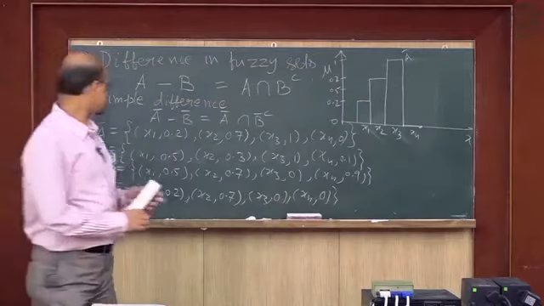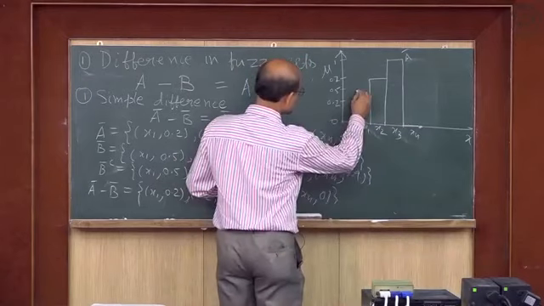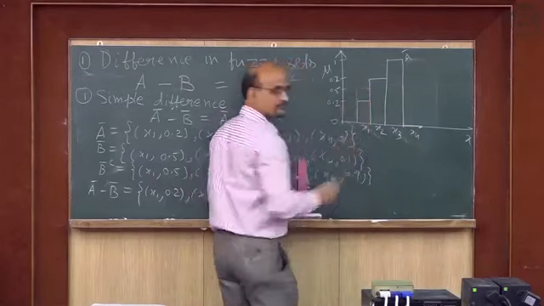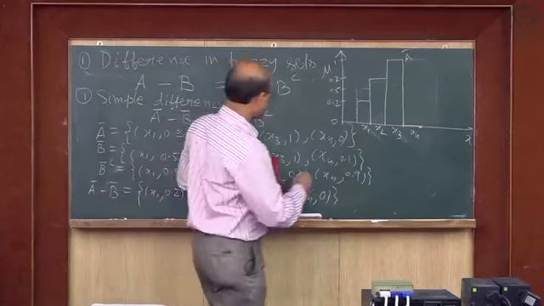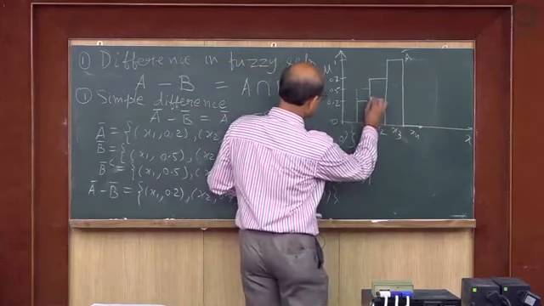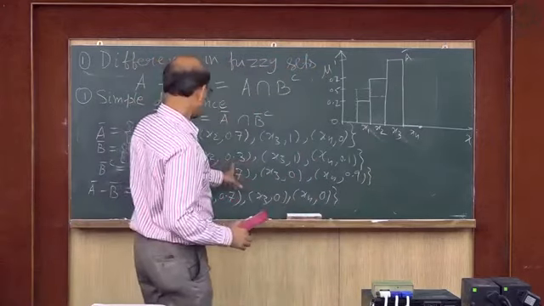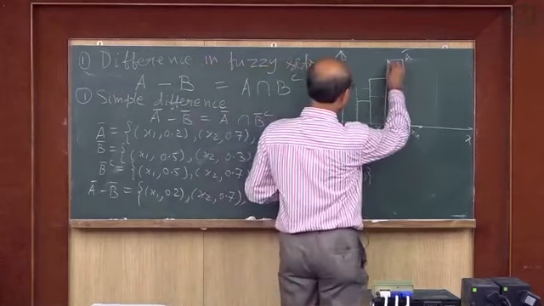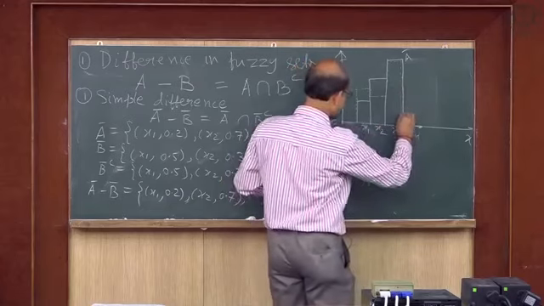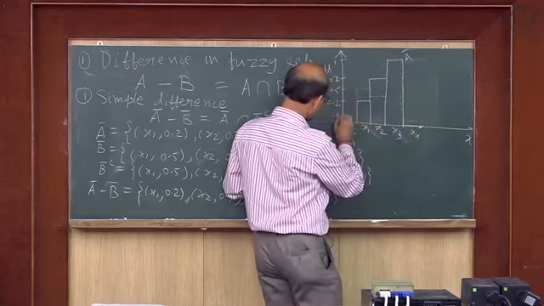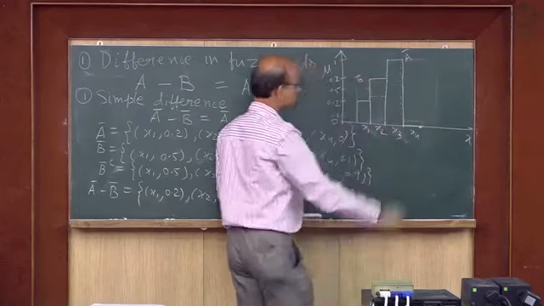Okay? Let us have fuzzy set B bar in this. So, x1 0.5. This is your x1 0.5 for the B bar, x2 as 0.3. So, x2 as 0.3 means maybe here. Okay? x3 as 1. So, x3 as 1 means it will go same, and x4 is 0.1. So, this is your B bar.